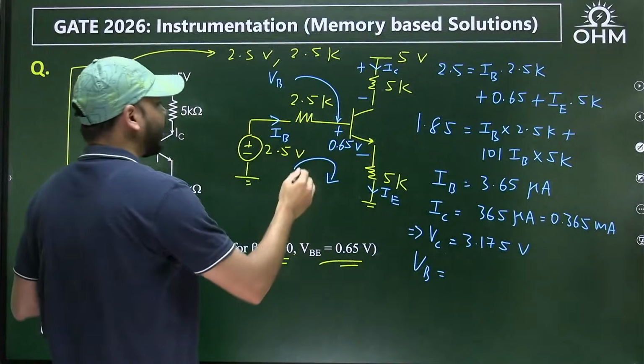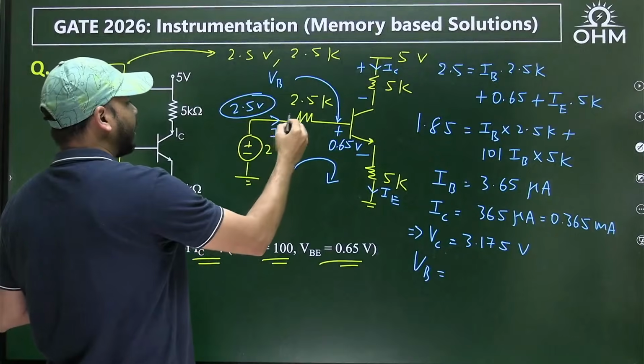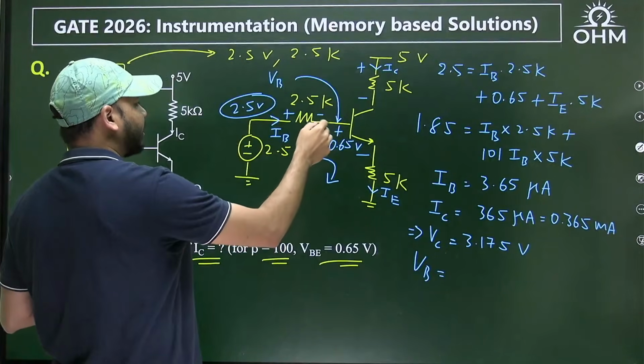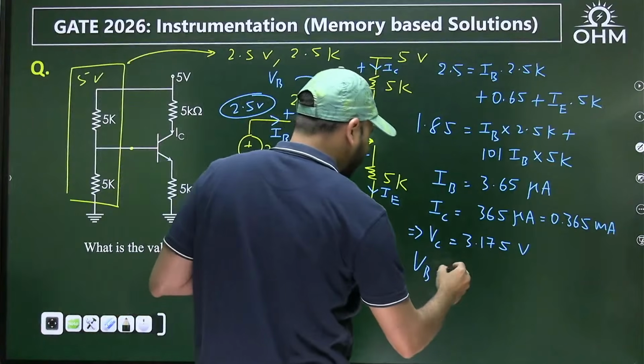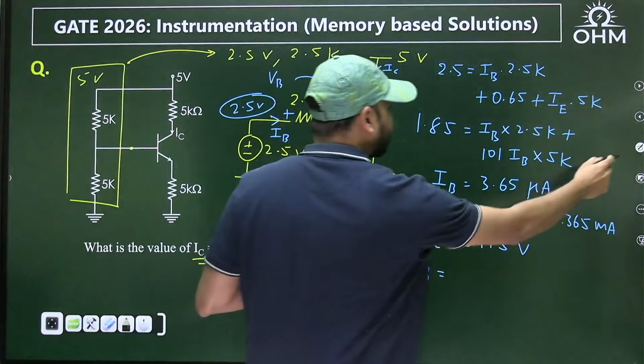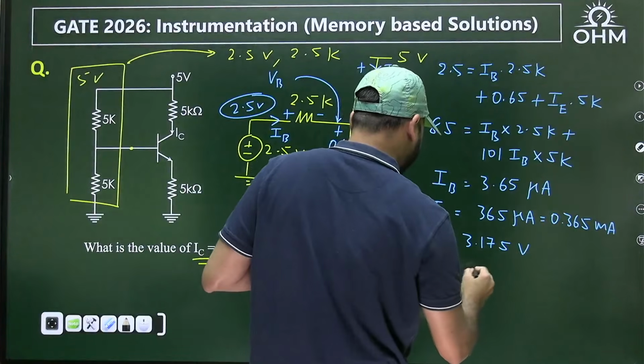VB will definitely be less than 2.5. This is 2.5, and then there will be some drop in between. So the voltage at the base will be 2.5 minus whatever this drop is. So VB is some value less than 2.5. You need not find the exact value.